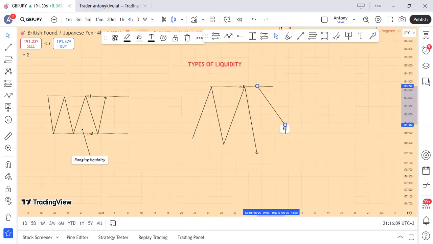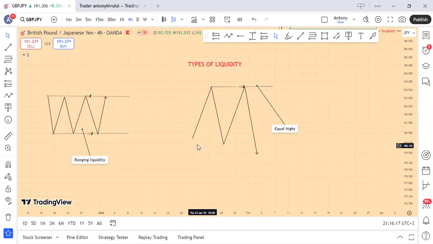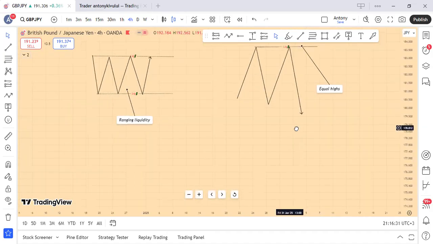So these are the equal highs, and maybe the equal lows. Sometimes we have the equal lows when we are in a downtrend. In an uptrend, we have the equal highs; in a downtrend, we get the equal lows. So that is a liquidity.